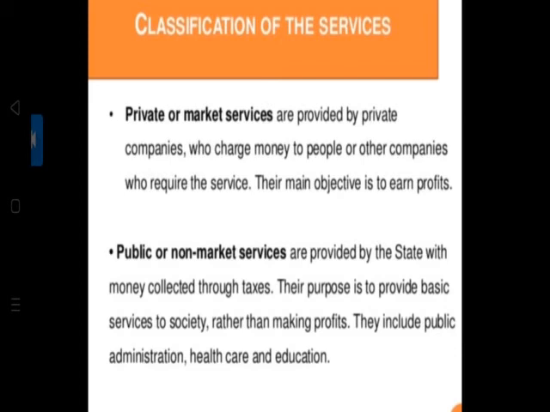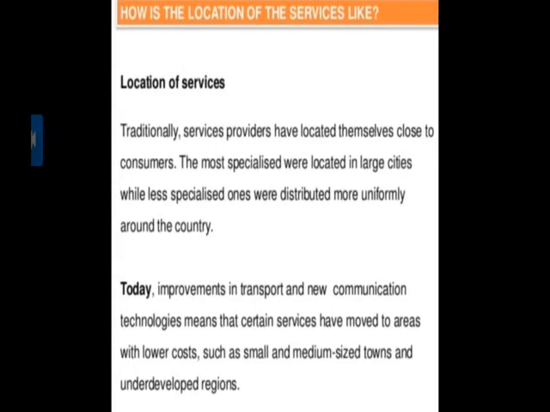Location of the services. How is the location of the services like? Traditionally, providers have located themselves close to consumers. Of course, that's something which everybody would want to. The most specialized were located in large cities, while less specialized ones were distributed more uniformly around the country.